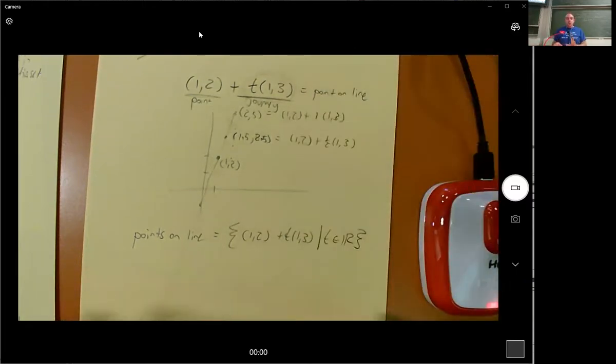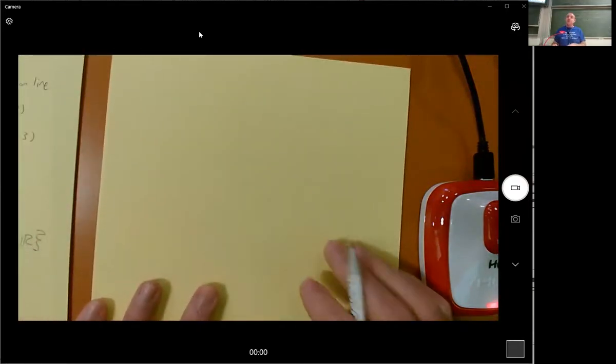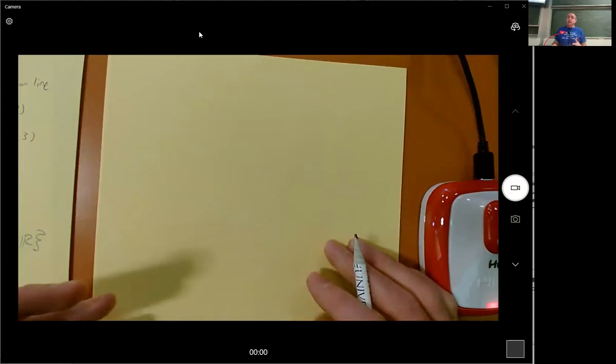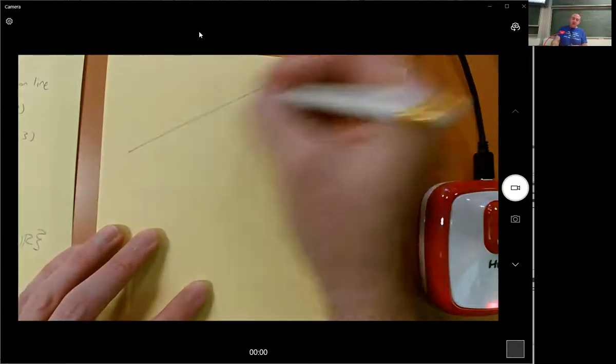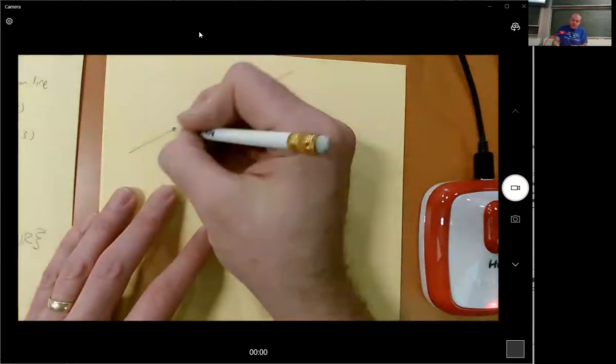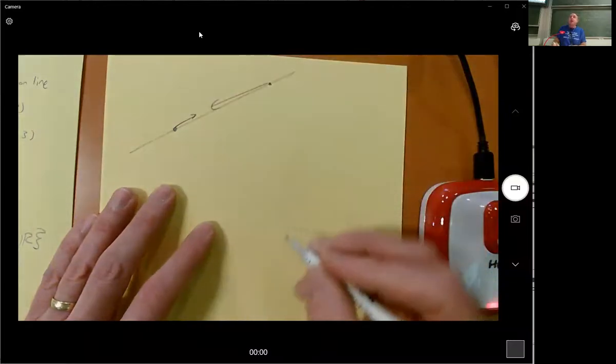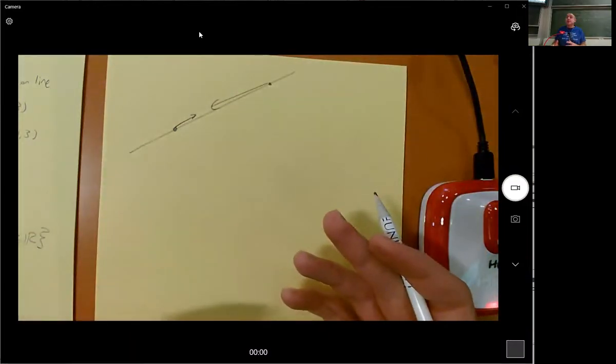All right, cool. So something to say about lines is that there are multiple different choices for how to create the same line. So given any line, there are lots of different ways to create the other points from a point and a journey. So I could create this line from this point and that journey, or I could create it from this point and that journey, and they would all produce the same line.